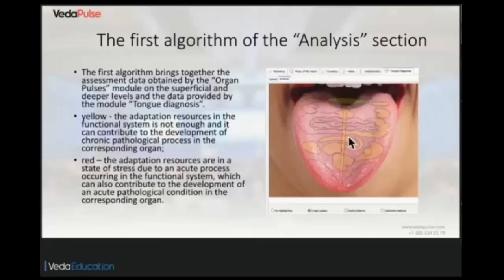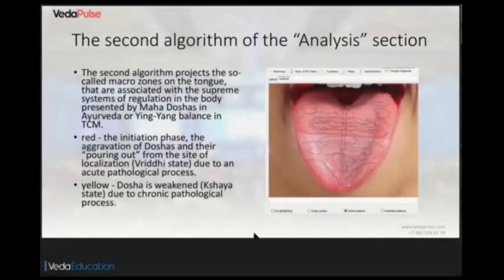And for the first time we can see in the Vedapal software module a specific projection of the sacral, lumbar, cervical zones also on the map of projection zones.